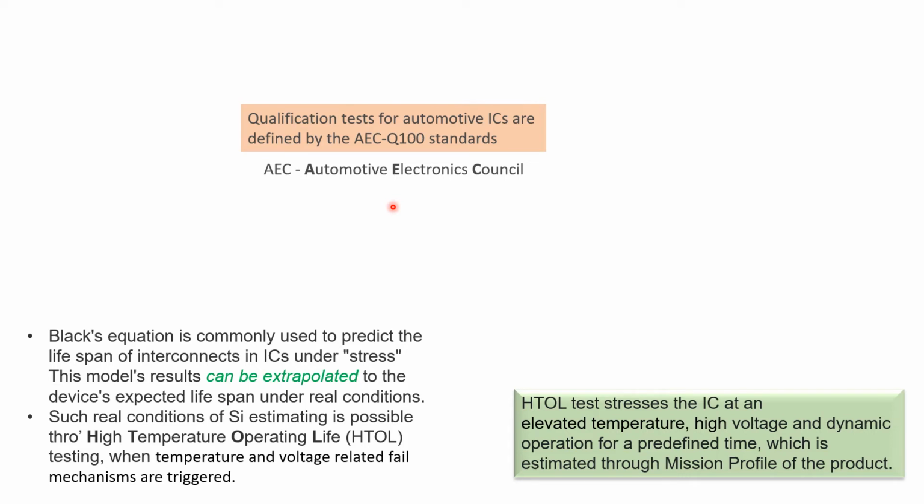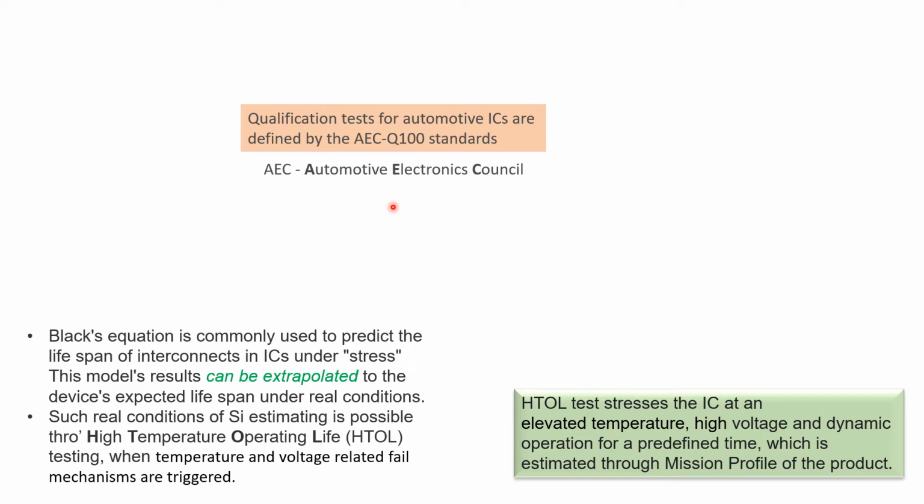The Automotive Electronics Council has some standards. In that, Q100 is one of the standards to take the automotive products through. For rugged vehicles and satellite applications, the standards will be different, and for commercial applications the standard will be different, and hence the stress conditions will also be different.